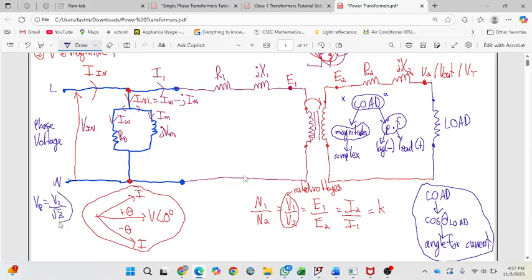There's just a little extra equation. I don't know if they could bring a question where they give you a line voltage and you have to go to your phase voltage. But just know a single-phase transformer needs phase voltage. So if they give you a line voltage, you just divide it by root 3 and you get the phase voltage, okay?